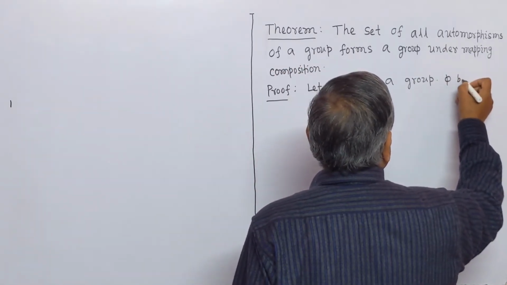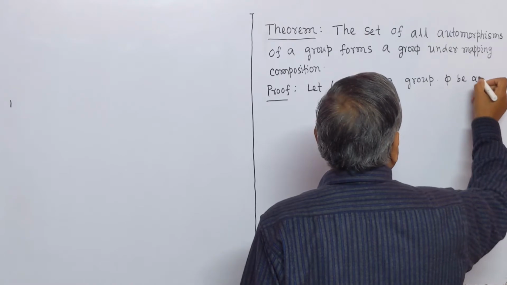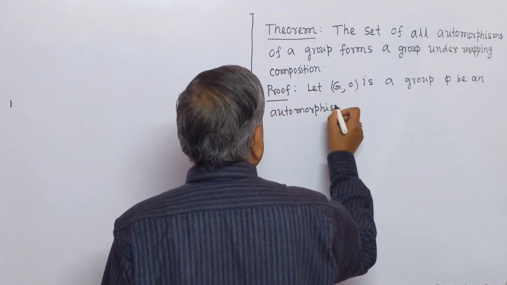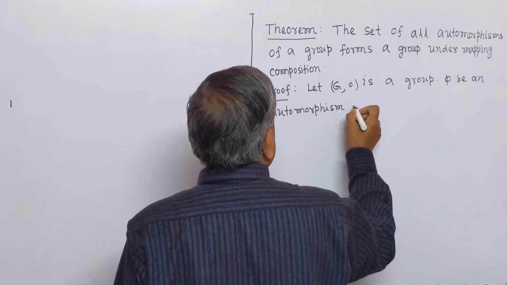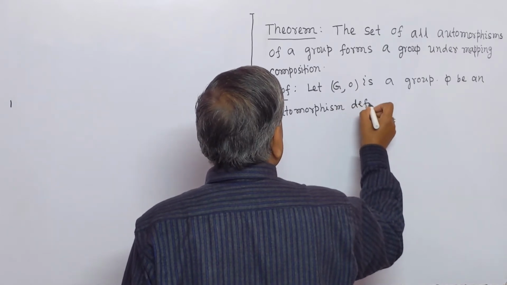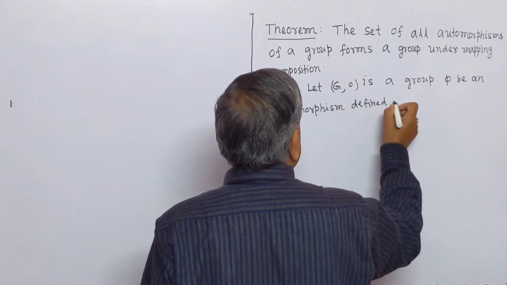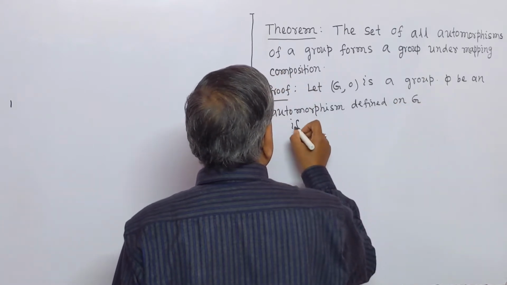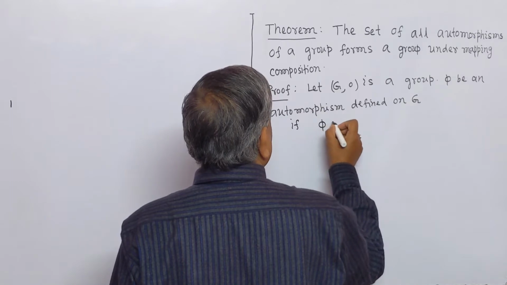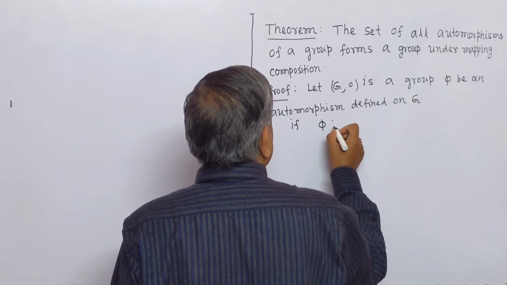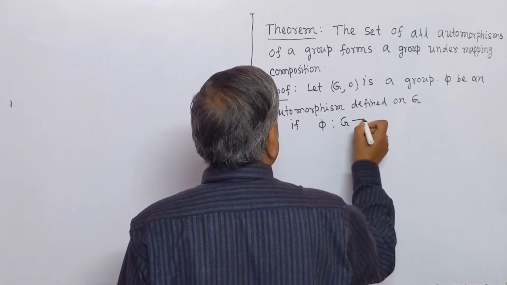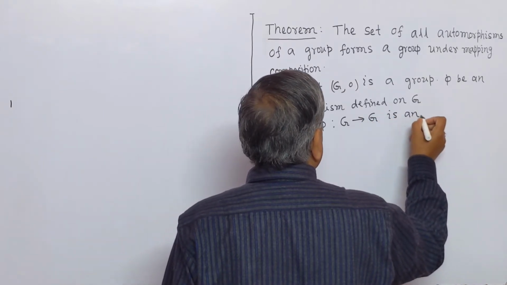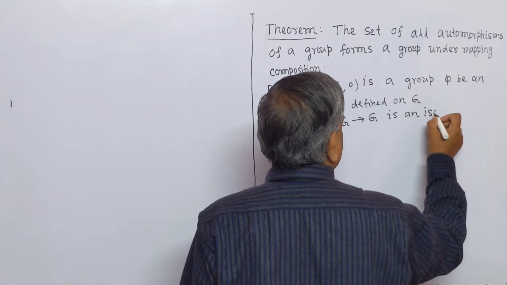Let phi be an automorphism defined on G. If phi is defined on G into G, it is an isomorphism.